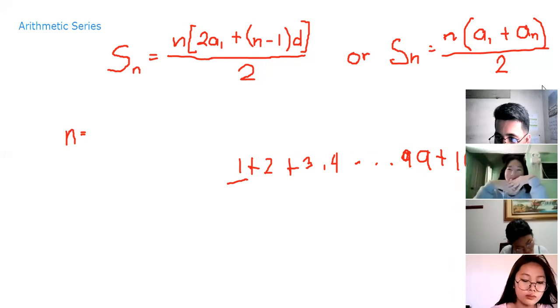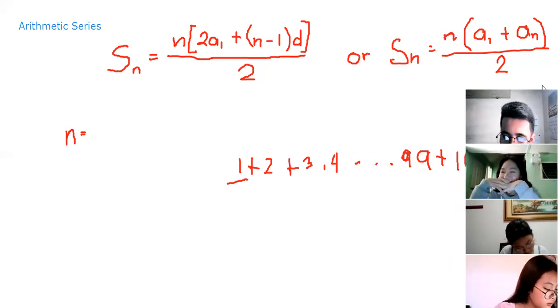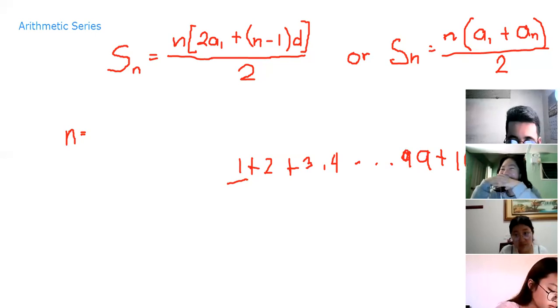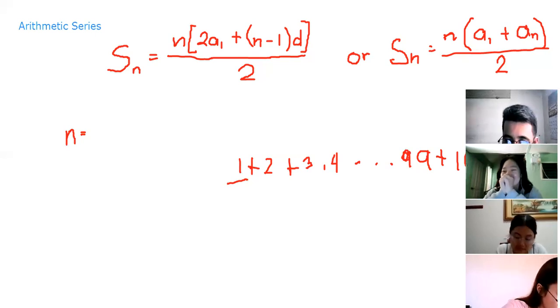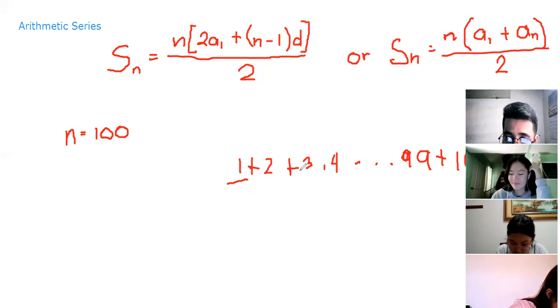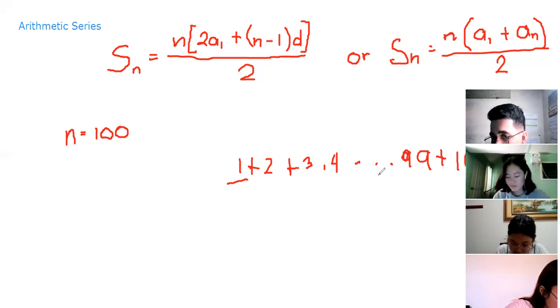Ilan lahat? From 1 to 100. Kasi 1, 2, 3, 4, 5 para lang tayong nagbibilang. So, understood na lahat, meron siyang 100 terms. Kasi ang common difference niya is 1 lang, then up to 100 yung term niya.